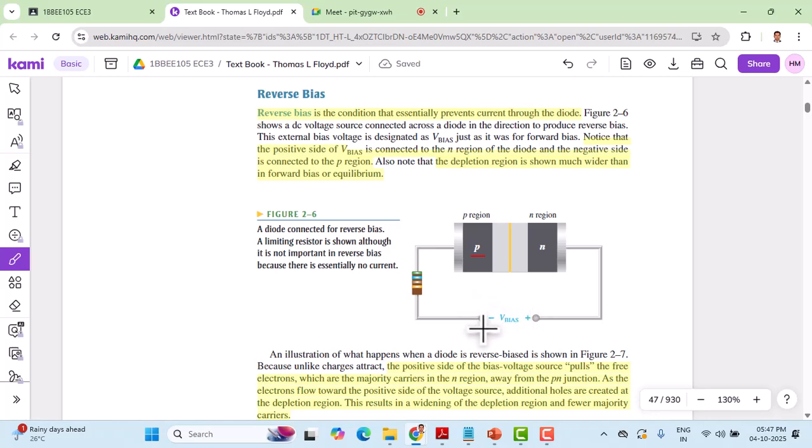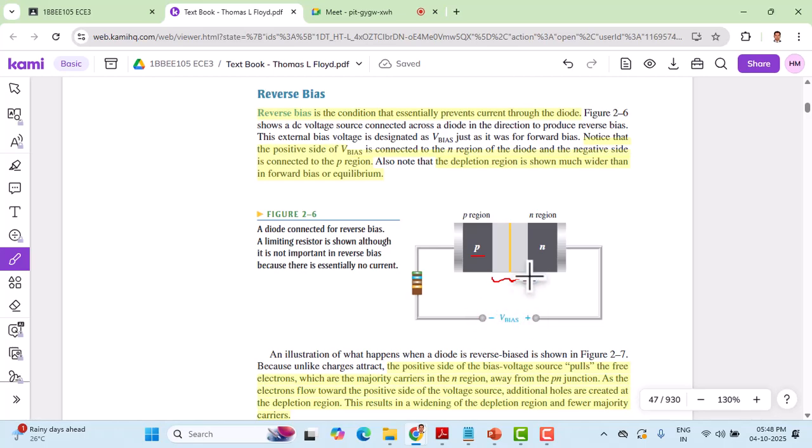The battery has two polarities, minus and plus, and the minus goes to the p-type semiconductor because we are biasing in the reverse way, and the positive terminal of the battery is connected to the n-type semiconductor. And look at the internal change, what has happened inside the semiconductor. The depletion region has been expanded. We will give a clarification why the depletion region has been expanded when you change the bias.